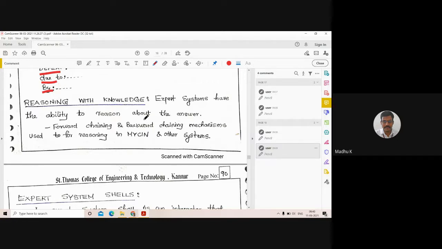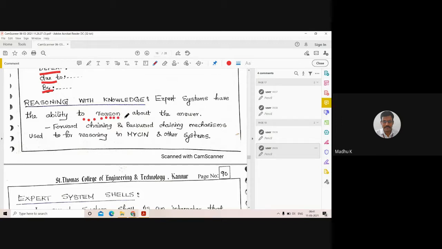Suppose an expert system or I answer something, then I should explain why I gave that answer. That type of ability is needed.